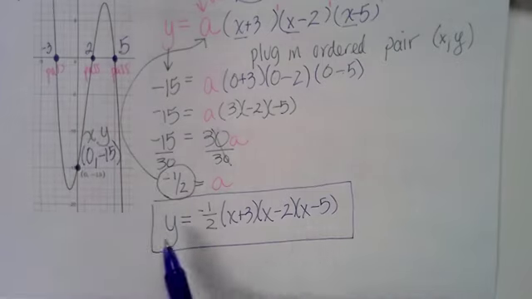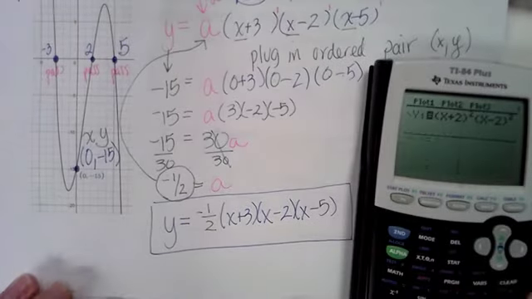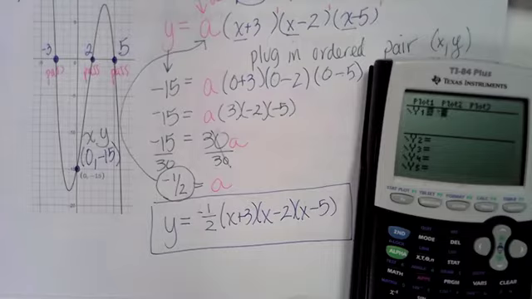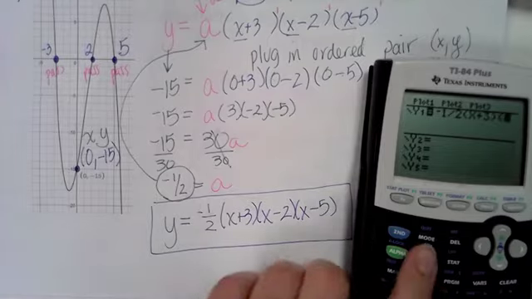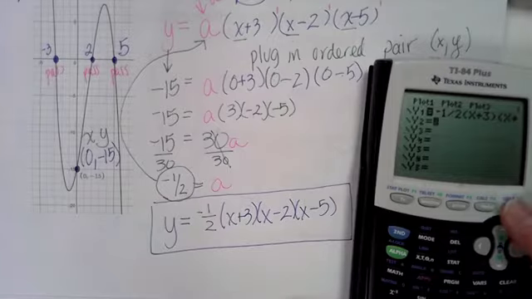Can you take this equation and plug it into your calculator? Absolutely. You can absolutely take your equation and plug it in. In fact, that's a great thing to do on a test. I have negative 1/2 times (x plus 3) times (x minus 2) times (x minus 5). And I can graph that.